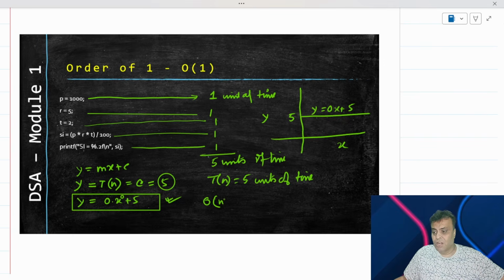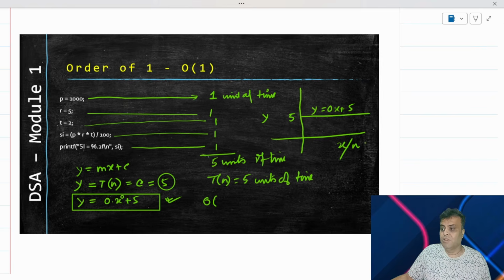I cannot write order of n for this polynomial because it doesn't depend on n. It doesn't depend on n because the degree of the polynomial has become 0. And as you see, this y becomes 5 irrespective of whatever value of x you give. It will always be 5, so it is not dependent on x, hence it is not dependent on n.